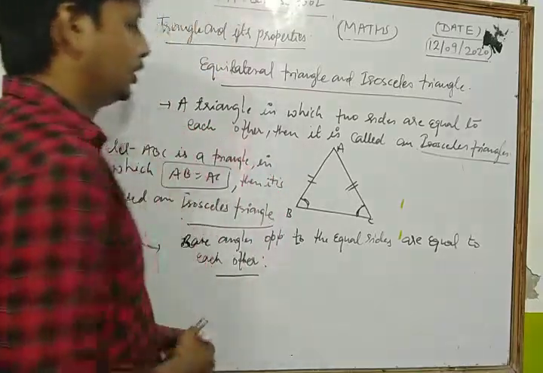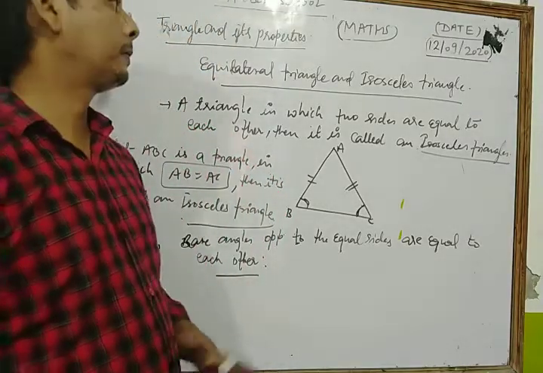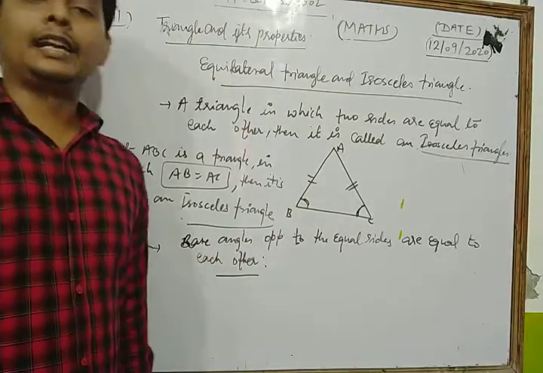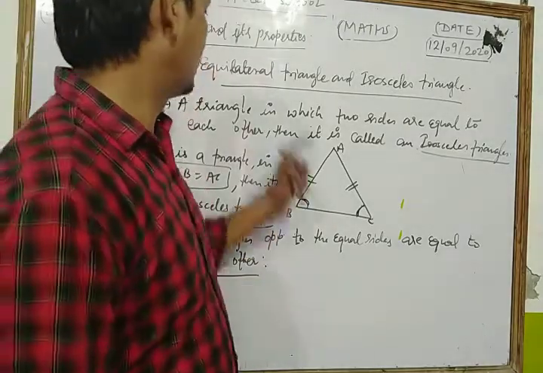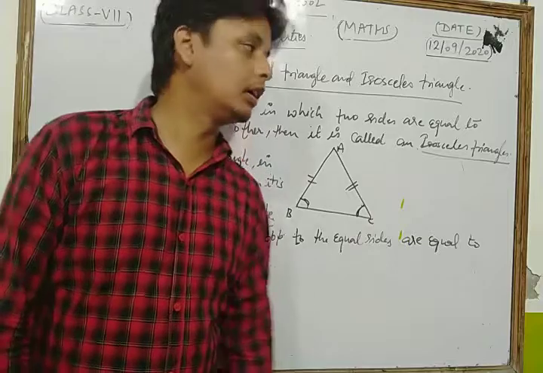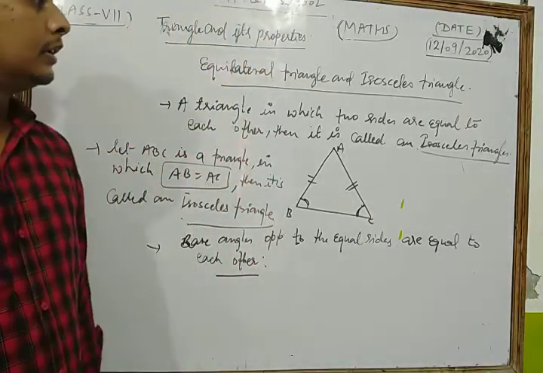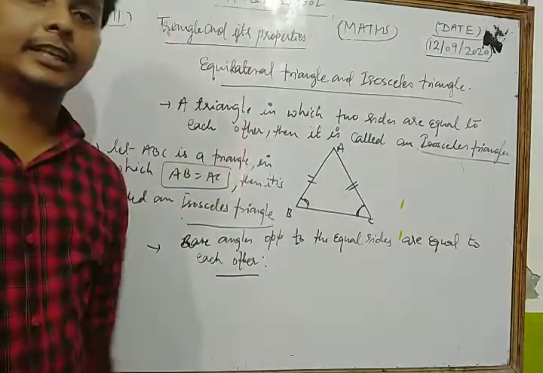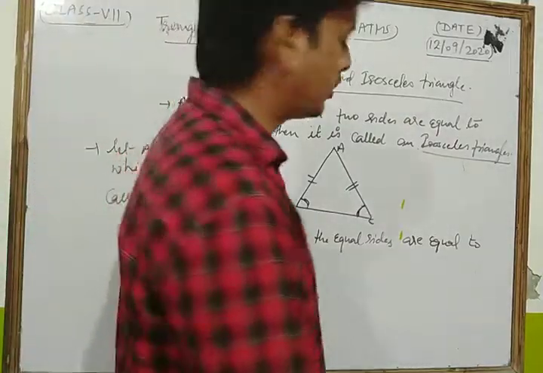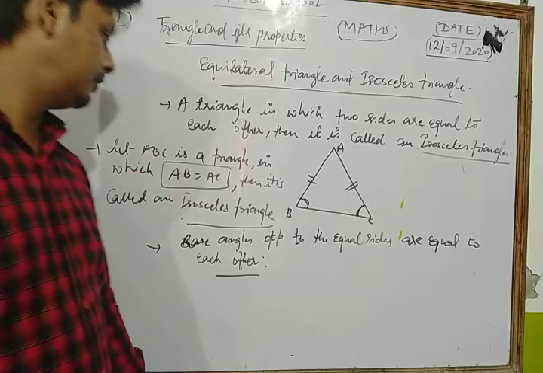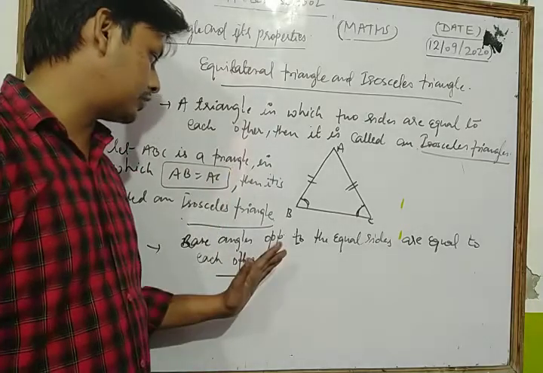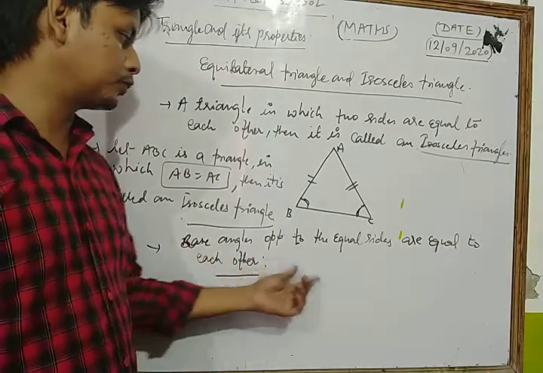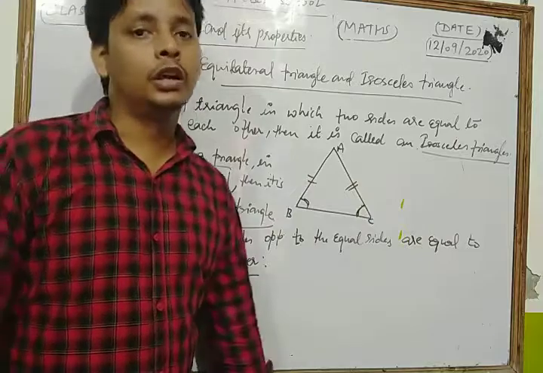Hence we can say there are two important concepts related to an isosceles triangle. First, a triangle in which two sides are equal to each other is called an isosceles triangle. And second, in an isosceles triangle, base angles opposite to the equal sides are always equal.